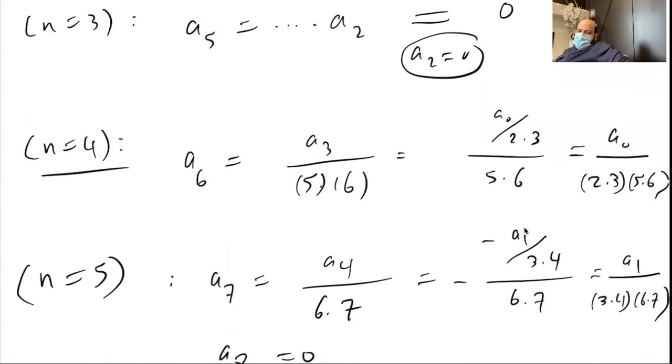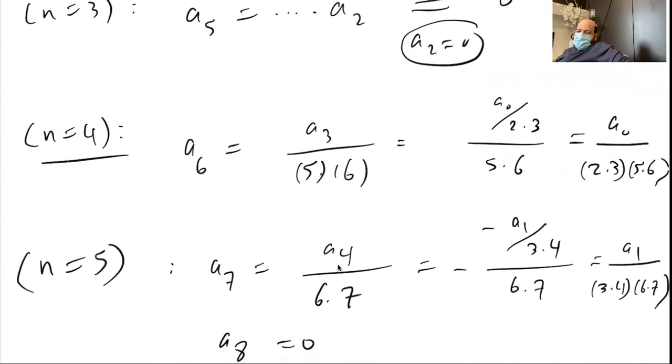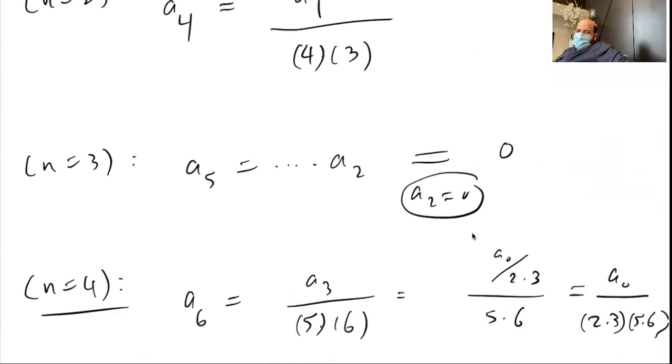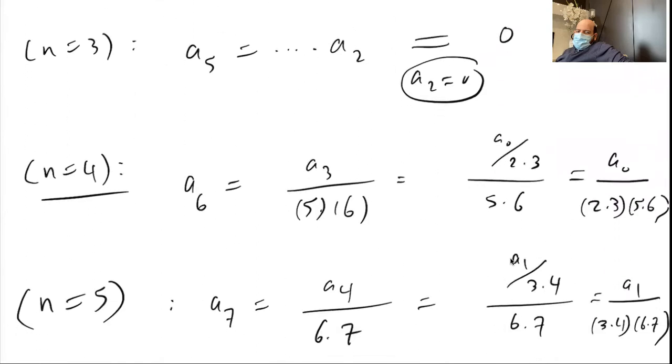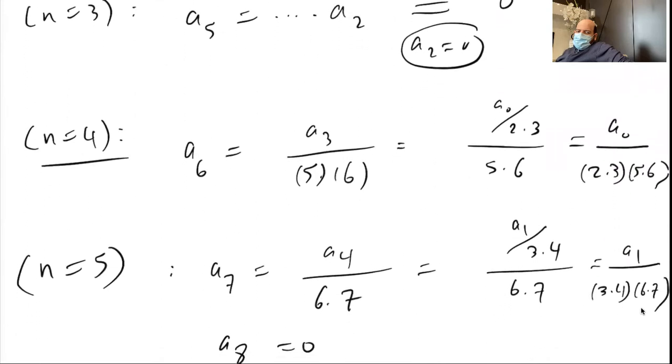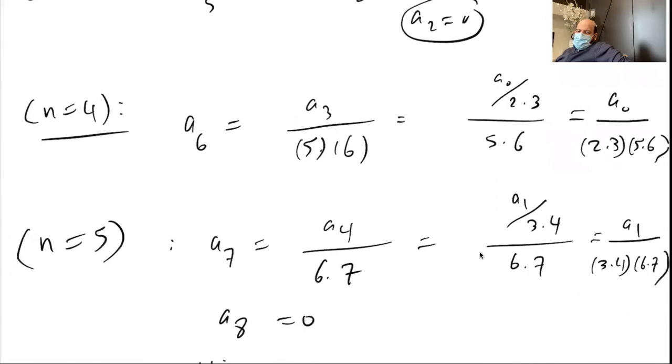Similarly, if I replace n with 5, a7 can be found in terms of a4. And a4 itself was a1 over 4 times 3. So a1 over 4 times 3, then divided by 6 times 7. So this will be a7 in terms of a1.